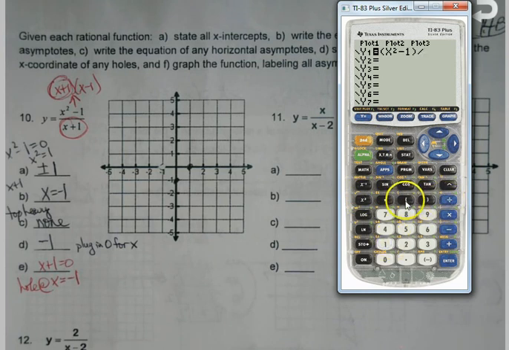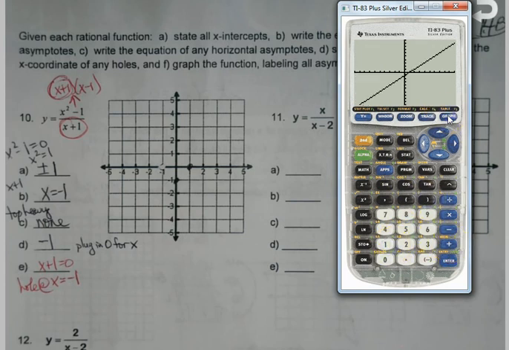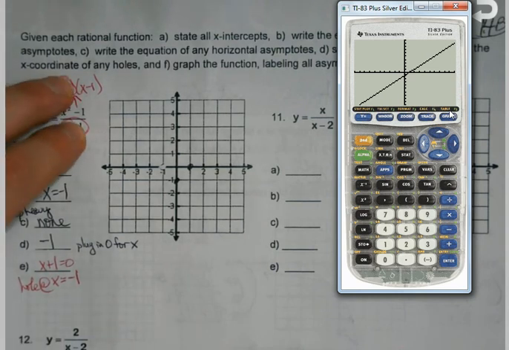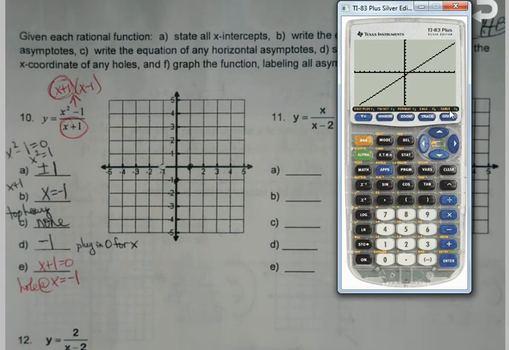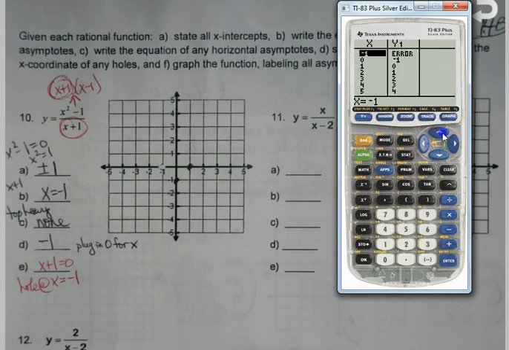You're like, dang, so I need to start making sure I'm factoring these before I ever start filling out this other information. You're like, it's a straight line. Yes, because basically if I factored that, those could cancel, and that's just the line x minus 1. But here's what I have to watch for. It's not as simple as just drawing this line x minus 1, because there's a hole at -1.